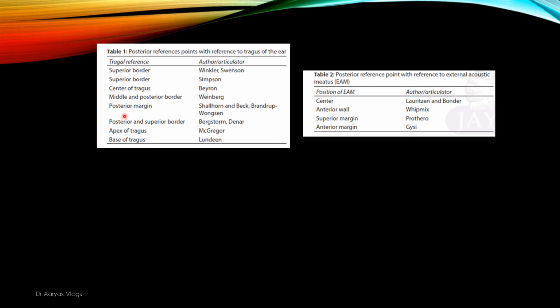Then posterior and superior border, Bergstrom and Dinar. Apex of tragus by McGregor. Base of tragus by Lundy. And with reference to the external acoustic meatus, if it's the center, then it is Lauritsen and Brodner. Then anterior wall, Whip Mix, superior margin, Prothero, and anterior margin, Gysi. That is about the various posterior reference points according to this article.